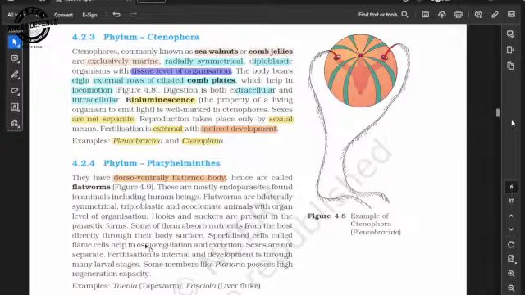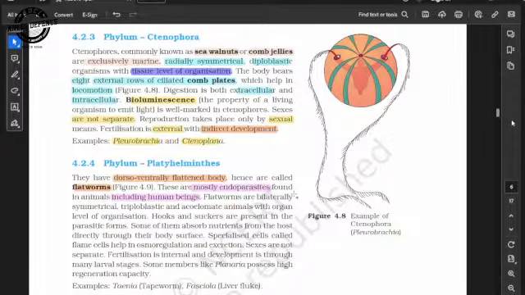Mostly they are endoparasites, found in animals, including human beings. Please remember, this is the first phylum in which you can see parasitic animals, mostly endoparasitic, present inside the body.